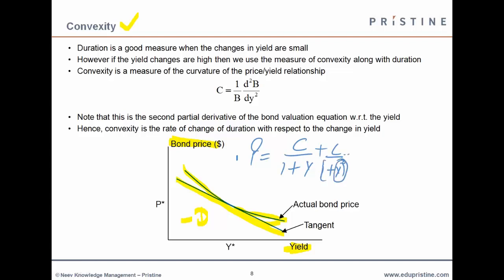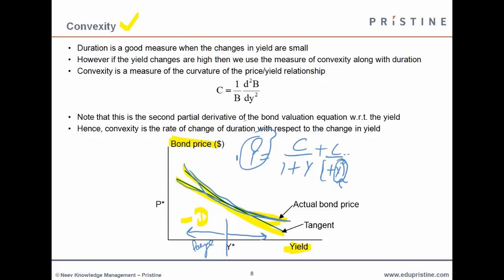Since the relationship between yield and price is not linear, it is a non-linear and inversely related relationship, the real relationship is a curvature. If you took an approximation based on a straight line, your answer would be incorrect if the changes in yield are large on either side.